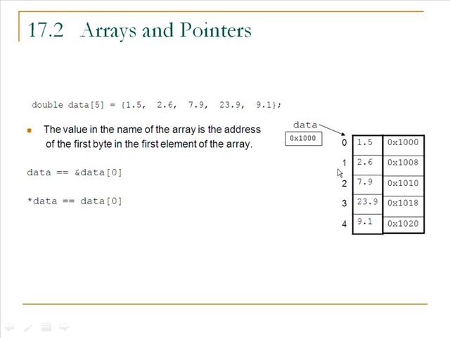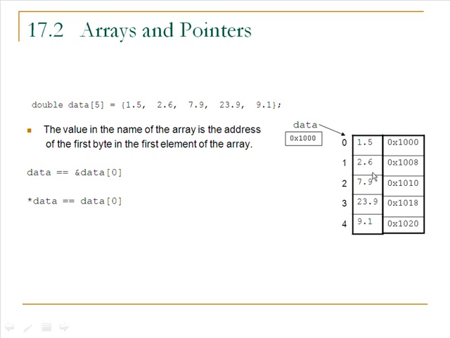So data sub 1 is at address 1008, and data sub 2 is at address 1010. These are hex values, so add 8 to 8 and you get 16, which in hex is 10. Add 8 to that and you have the address 18.